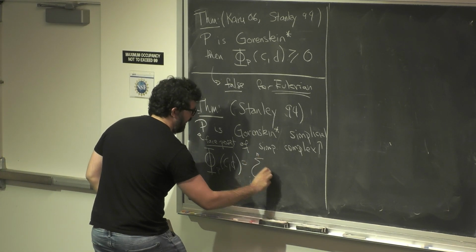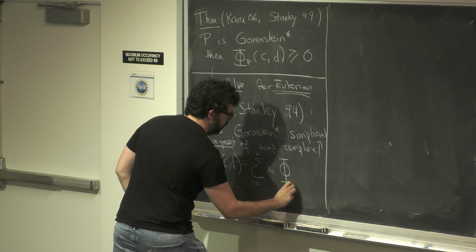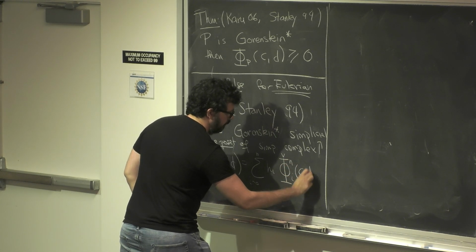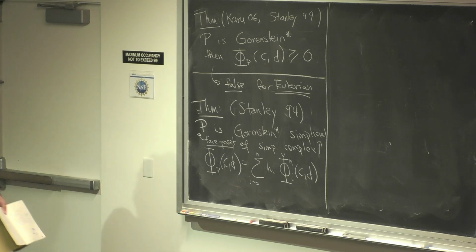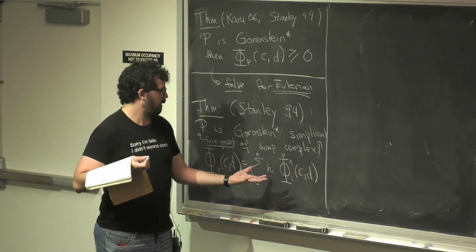So from 0 to n, H_i, and here you get some weird polynomials that I'm going to briefly address.